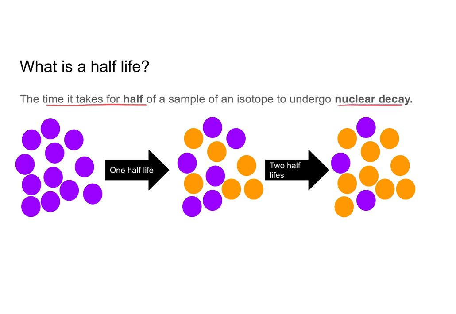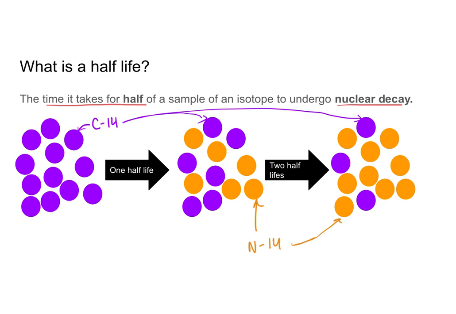So what does that actually mean? On the left-hand side of my screen, I have a sample of carbon-14 atoms, which are unstable. These carbon-14 atoms, represented in purple, aren't going to stay carbon-14 atoms forever. Instead, what I'm going to observe happening over time is some of my carbon-14 atoms are going to decay into nitrogen-14.